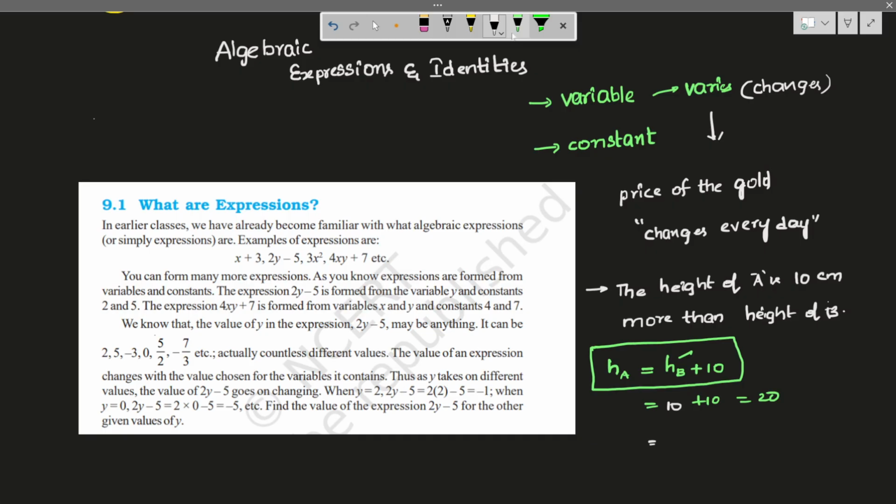If height of B is 20, then height of A will be 20 plus 10, that is 30.